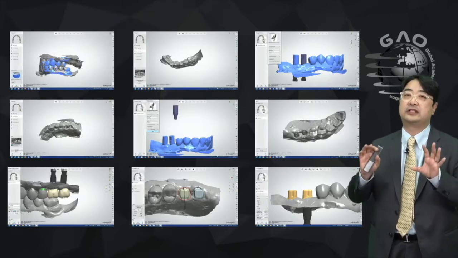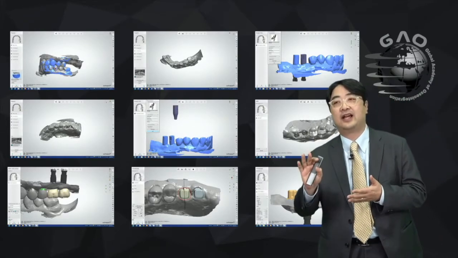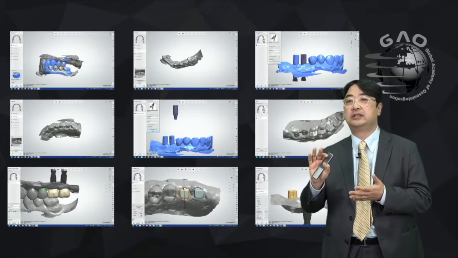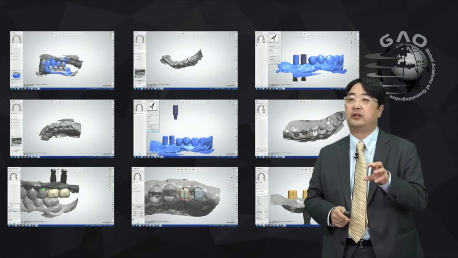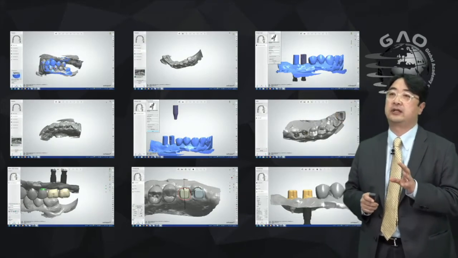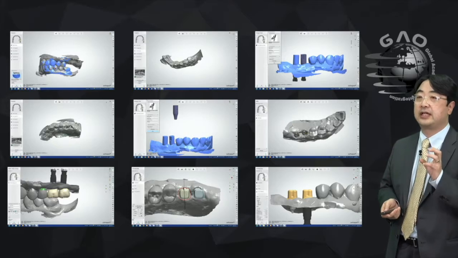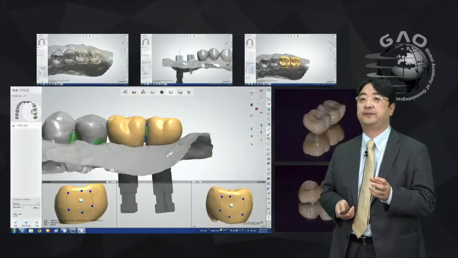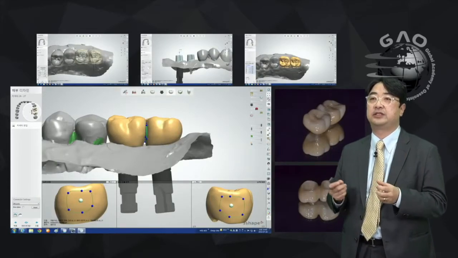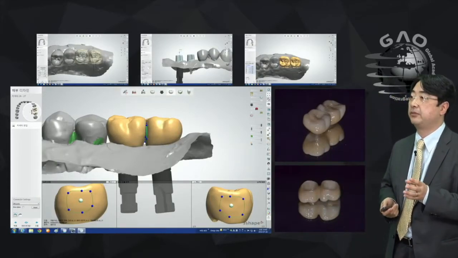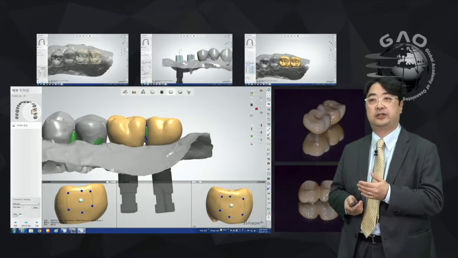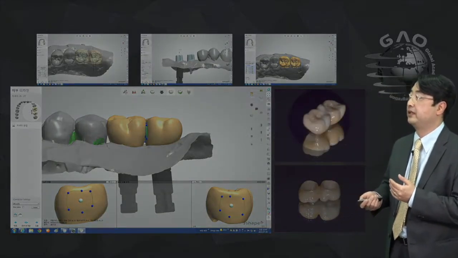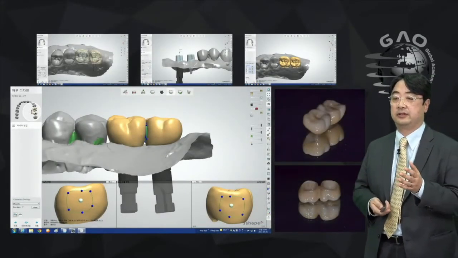We use the data to design the custom abutment and splinted monolithic zirconia crowns. I designed the custom abutment and the prosthesis as well, and my lab technician milled the custom abutment, and also milled and sintered the two splinted crowns.